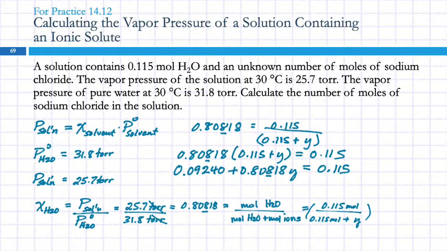And then we have to subtract the 0.0924 from 0.115. That gives 0.0226.